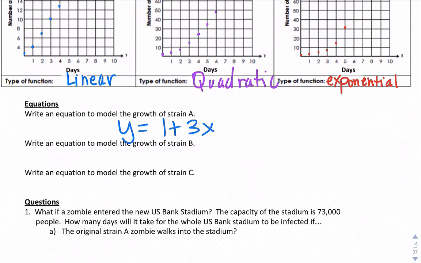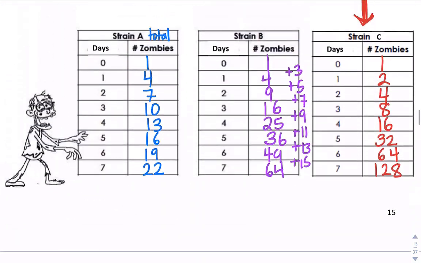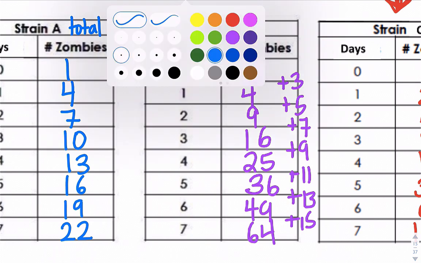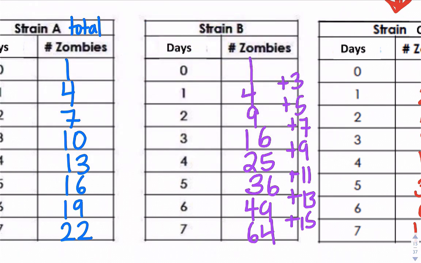The quadratic function right here, if you notice, all of these are square numbers, but they're like 1 less than the number that we need. So for example, if you take 2 squared, you'll get 4. If you take 1 squared, you'll get 1. 3 squared is 9.